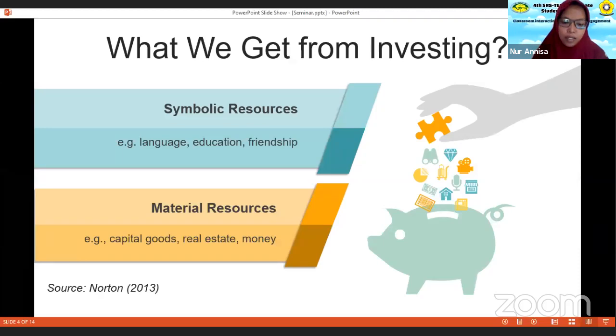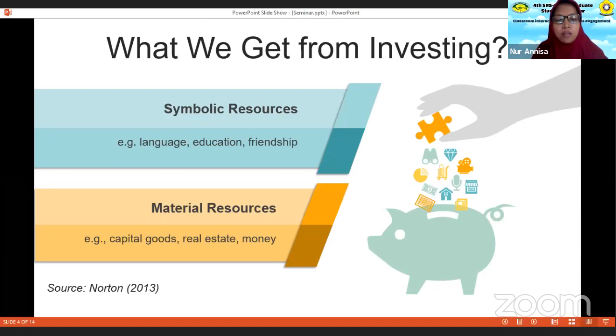As Norton said, if learners invest in a second language, they will acquire symbolic resources and also material resources. So it will increase their cultural capital and social power.